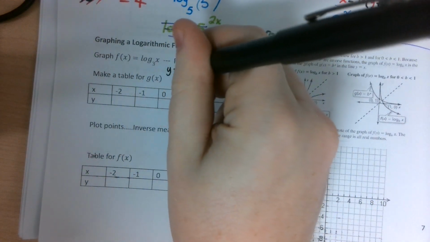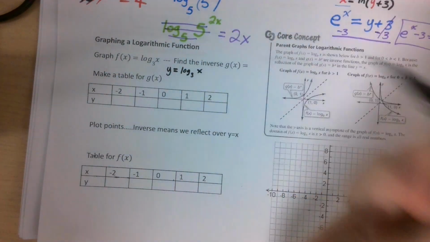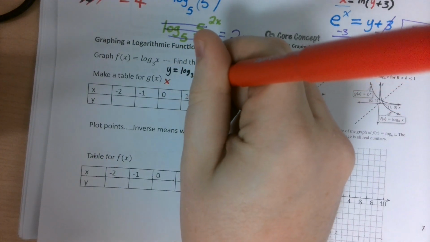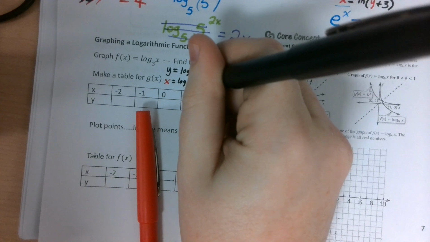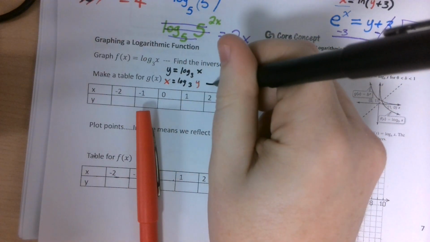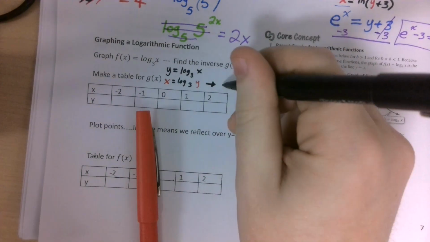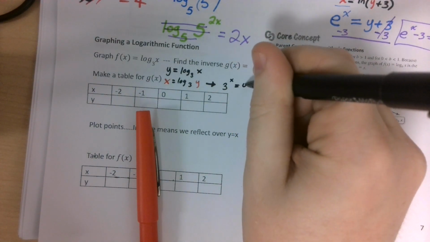Let's find the inverse. So if y equals log base 3 of x, we can rewrite this by flipping our x's and our y's. This is x equals log base 3 of y. And we know that we can convert this into an exponential, with a base of 3, an exponent of x, equals y.